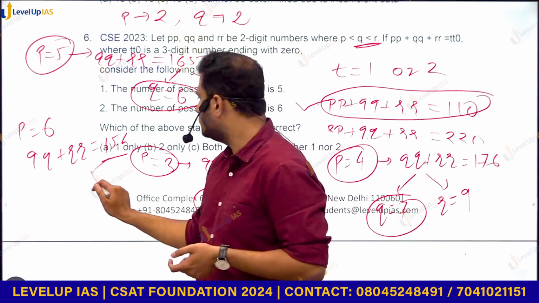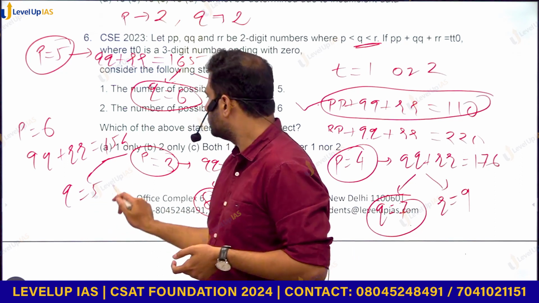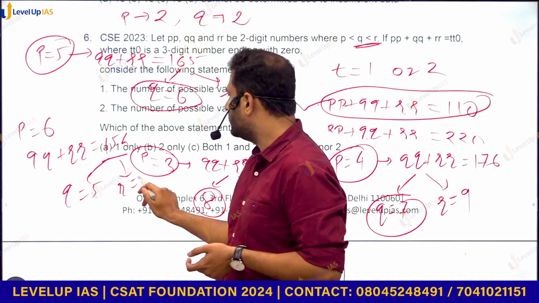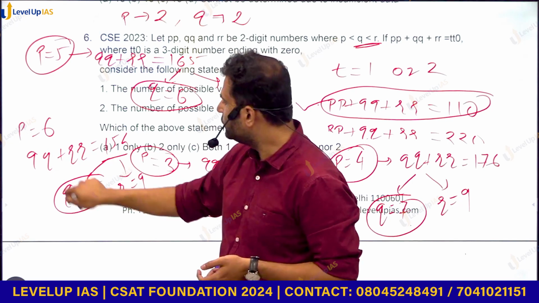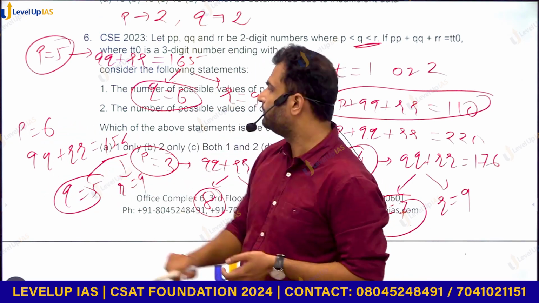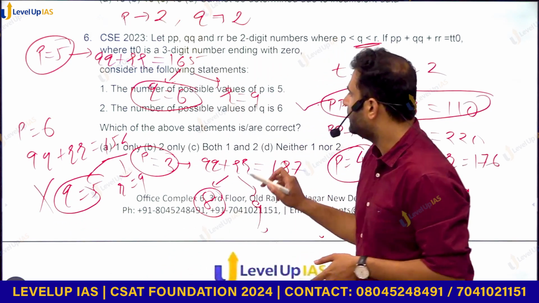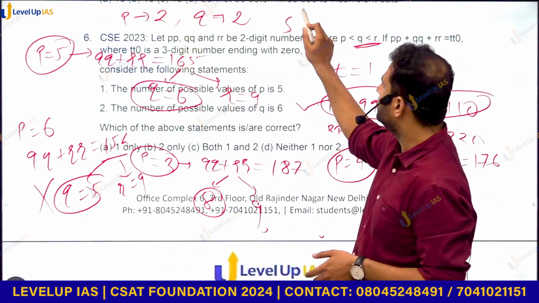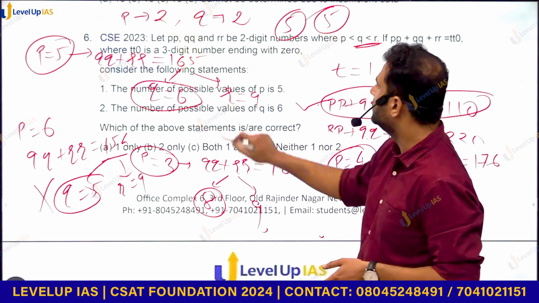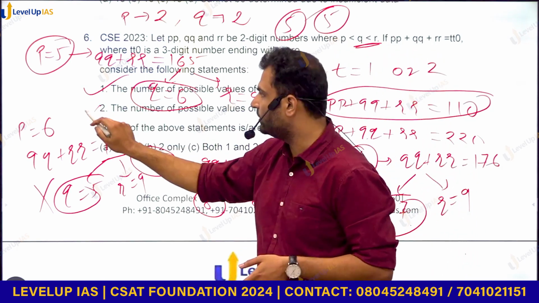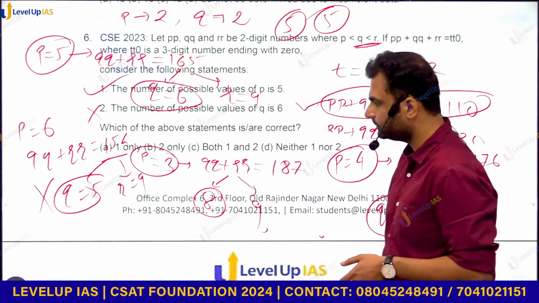Q is equal to 5, you will get R is equal to 9. But this is not allowed because Q has to be more than P. So this case we reject. So in ultimate analysis we have 5 values of P and 5 values of Q. So statement 1 is correct, statement 2 is not correct.